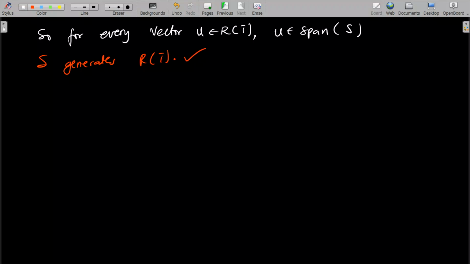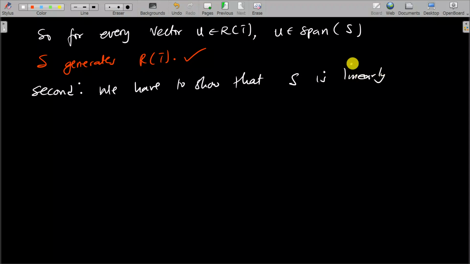Now, what do I need again to show that something is a basis? Second, we have to show that S is linearly independent, and then we'll be done.